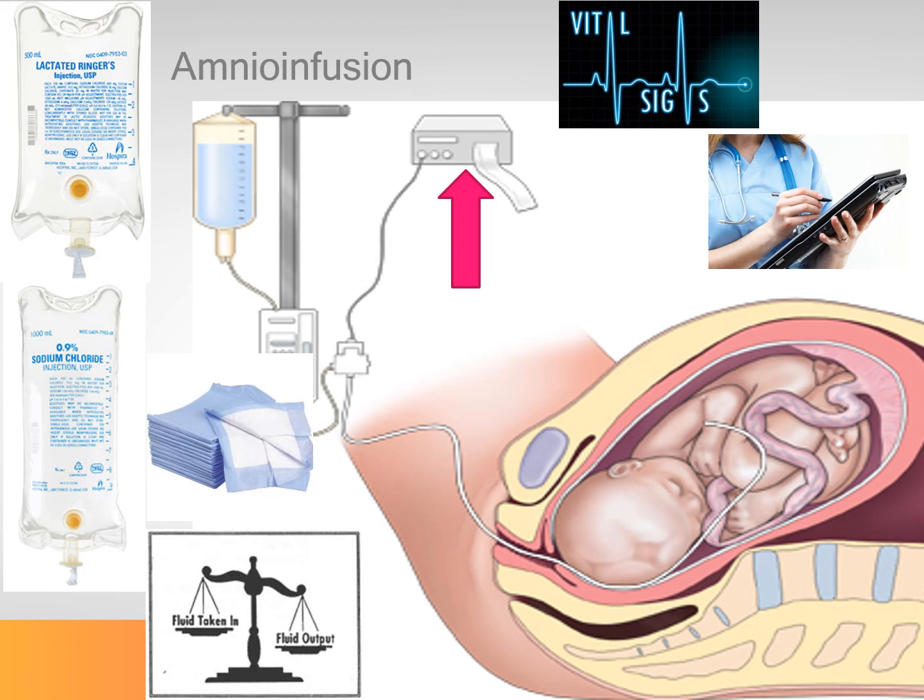So once it's in place, we can administer up to 1,000 milliliters of sterile normal saline or lactated Ringer's, typically at a rate of 100 to 200 mLs an hour. We want to make sure that our fluid is administered at room temperature, so you can use a blood warmer if needed.